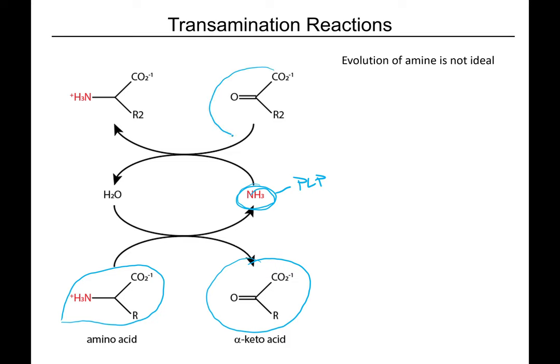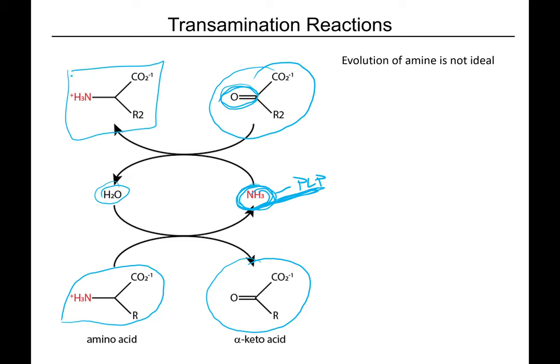We then bring in another substrate, an alpha keto acid, which can react with the PLP cofactor anchored to the amine. And ultimately, this amino group is transferred onto the amino acid, replacing this oxygen, which leaves as water or hydroxide, giving us a new amino acid.